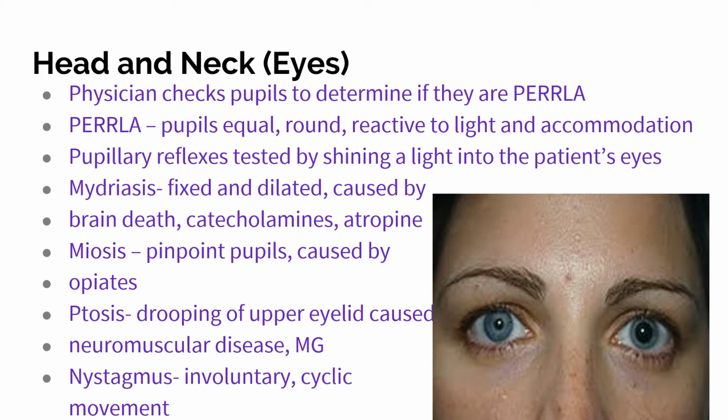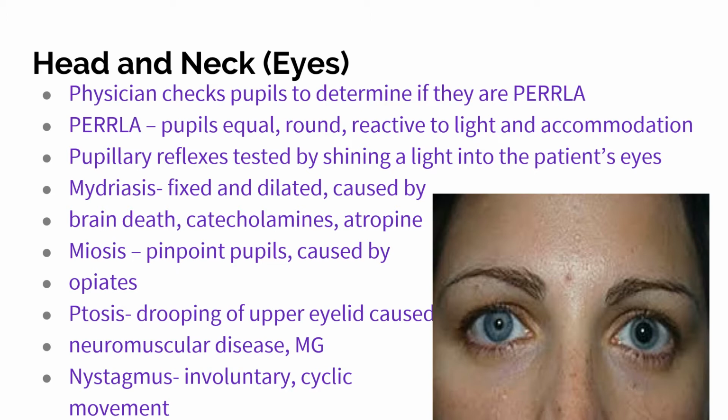And then a couple of different abnormalities and what they might be caused by. Mydriasis is fixed and dilated. That's something they look at to see if someone is brain dead. It can also be caused by catecholamines and atropine. If you have your eyes dilated, they generally give you atropine drops, and that dilates your eyes so they can do their eye exam. Miosis is pinpoint pupils.